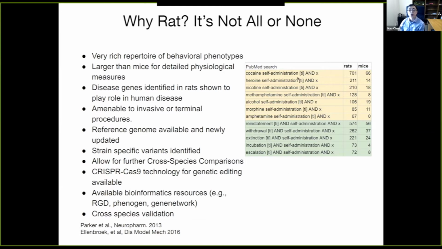I searched many keywords such as cocaine self-administration, heroin self-administration, etc., limiting these words to the title or abstract, so it's a more focused search. Then I added either rats or mice, and as you can see, for almost any drug self-administration studies, there is over maybe tenfold, or sometimes in a few cases only fivefold, more literature from rats than in mice.